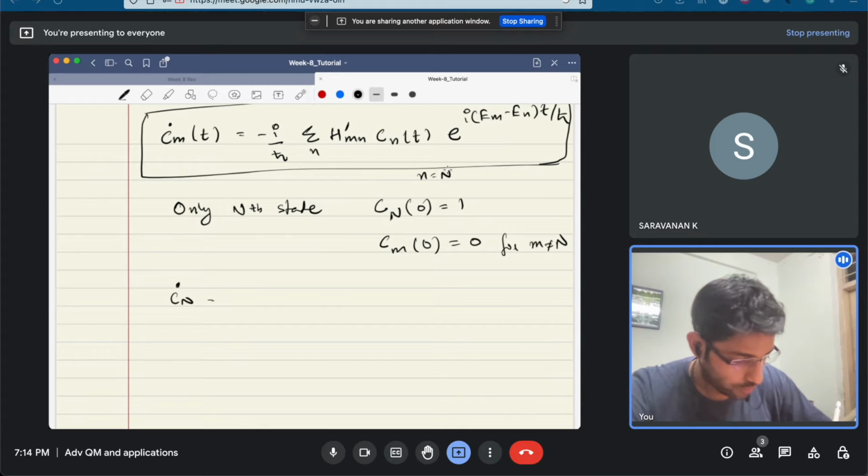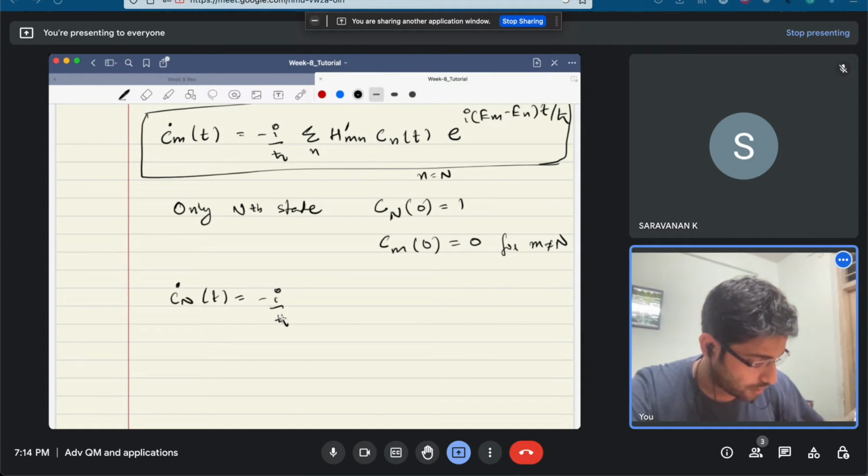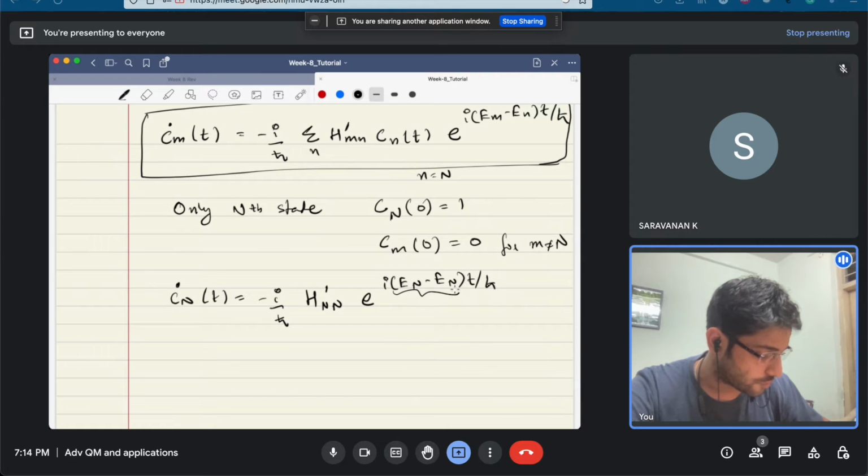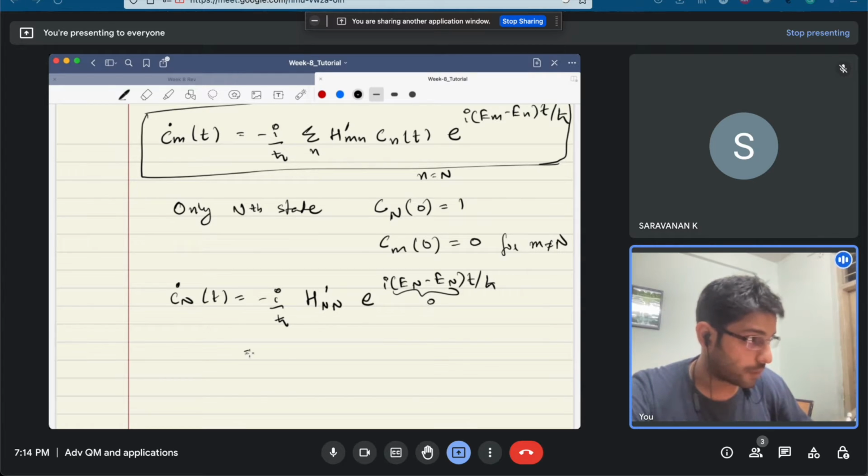So Cn dot of t can be written as minus I by h bar H prime nn, and Cn of 0 is essentially your 1, and what we have here is e to the power I En minus En t by h bar. So this is also 0, so you get only minus I by h bar H prime nn.